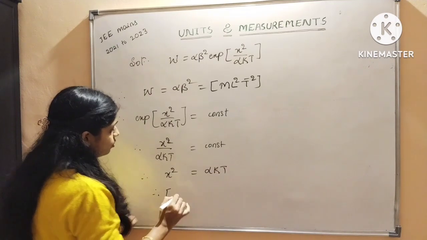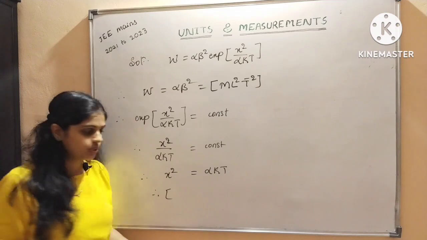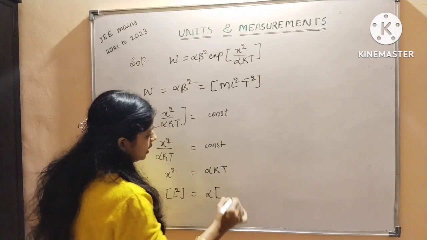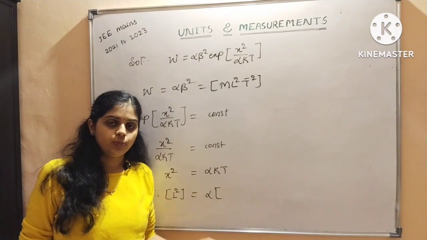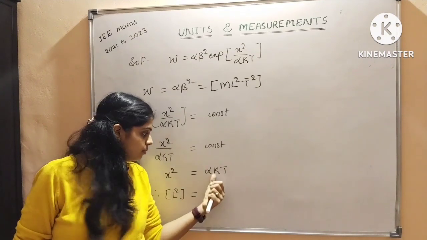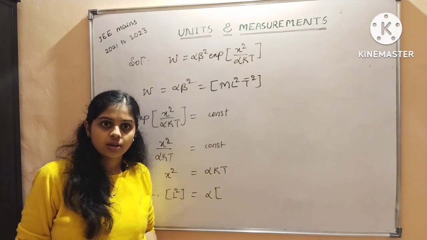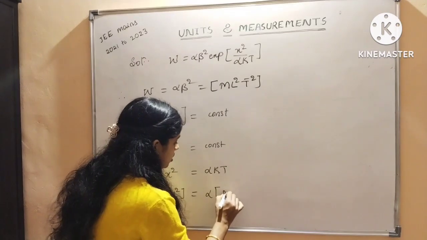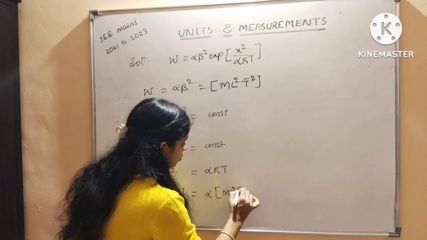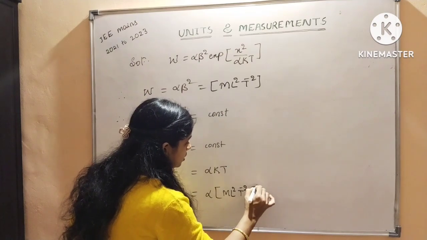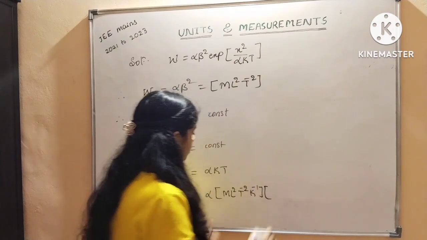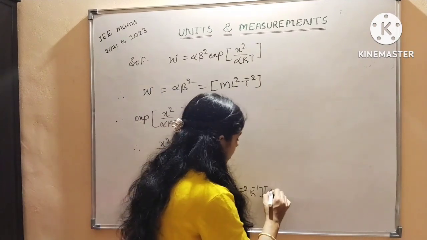Therefore, what is the dimension of x square? X is the distance, therefore L square is the dimension. K is Boltzmann constant, joule per Kelvin is the SI unit of Boltzmann constant, joule is the unit of energy, that is dimension ML^2T^-2, per Kelvin, and the dimension of temperature is Kelvin.